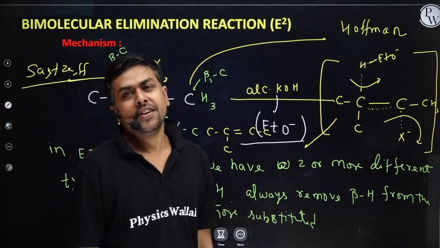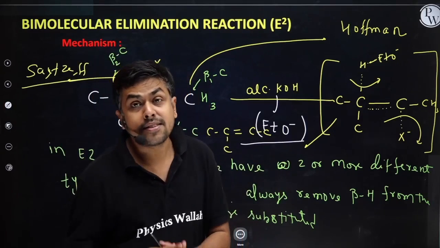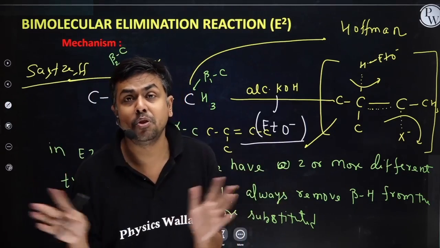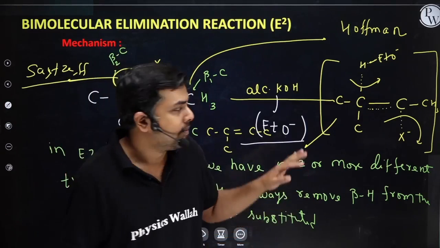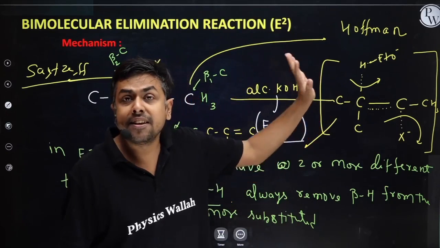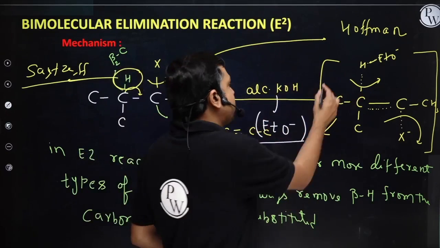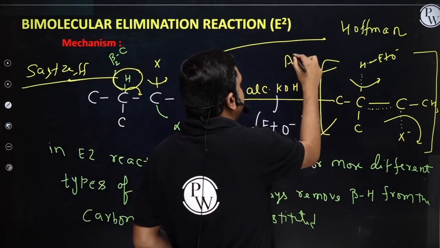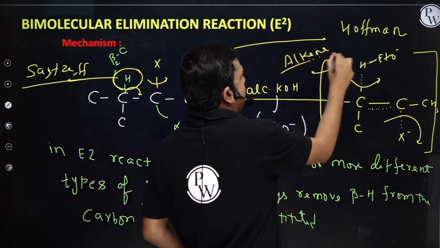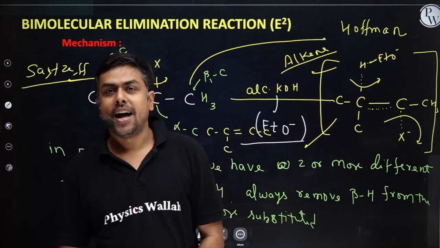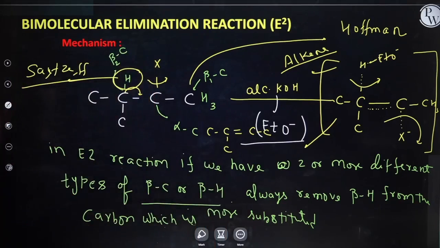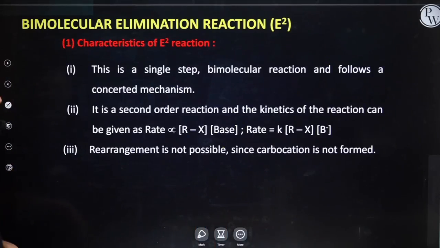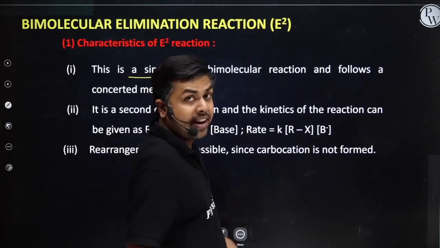Am I clear? So this reaction is occurring via a single step, one step reaction, no intermediate. The reaction occurs via TS itself, and TS structure is similar to that of alkene. Partial double bond character. Am I clear? Okay, let's move ahead. Student, this is a single step reaction, right?